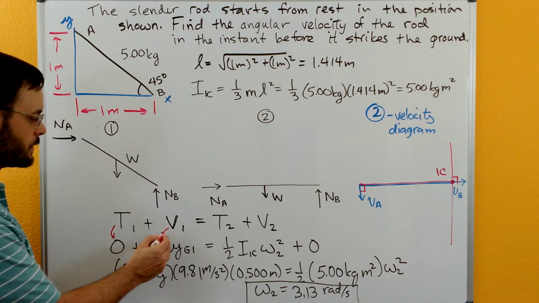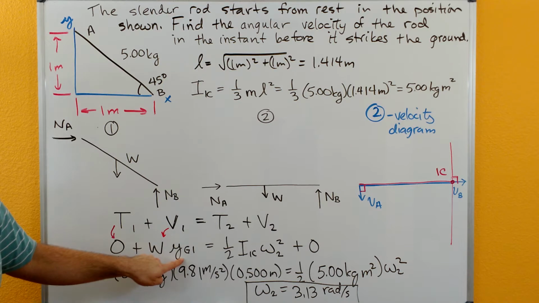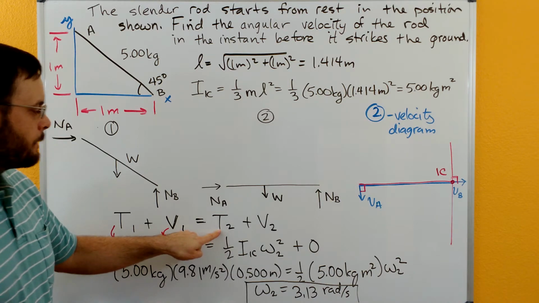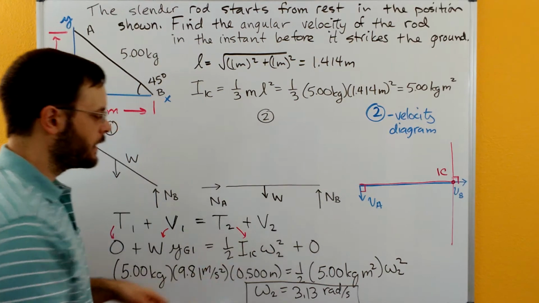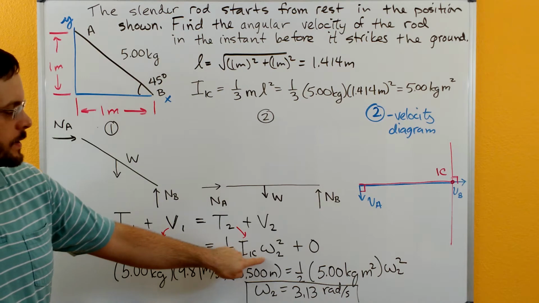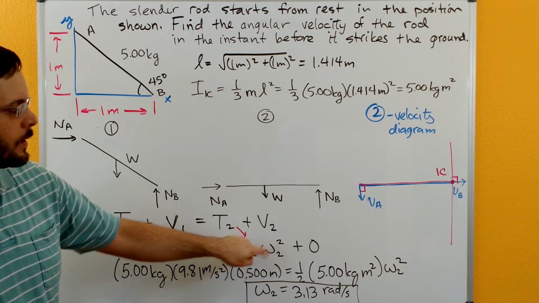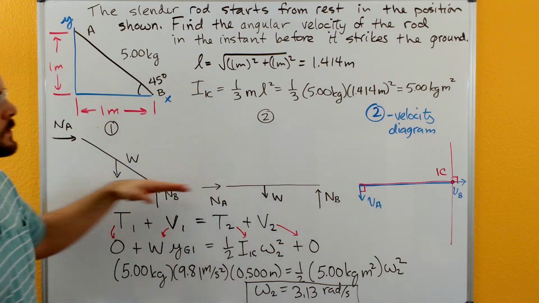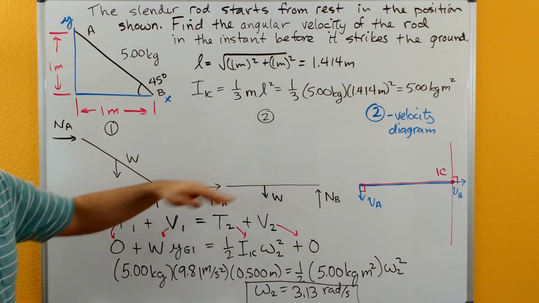So our potential energy for 1 would be our weight times our y position of the center of gravity at 1. Our final kinetic energy here would be our 1/2 the moment of inertia times our omega 2 squared. And then our final potential energy would be 0 because we're down here on the floor.